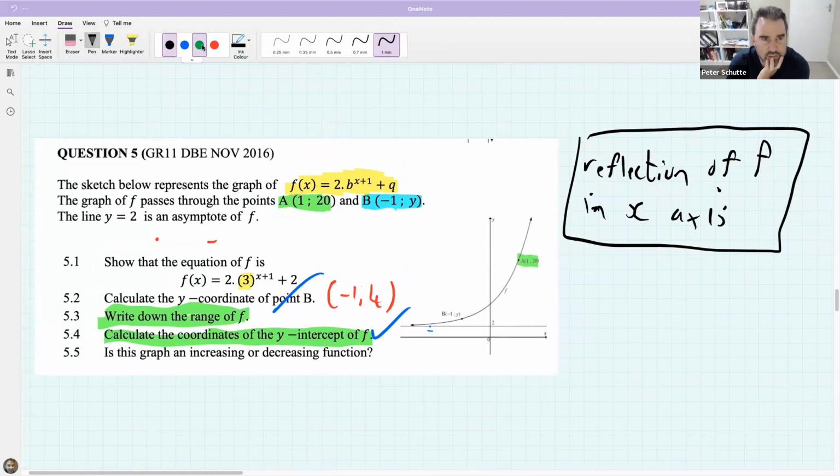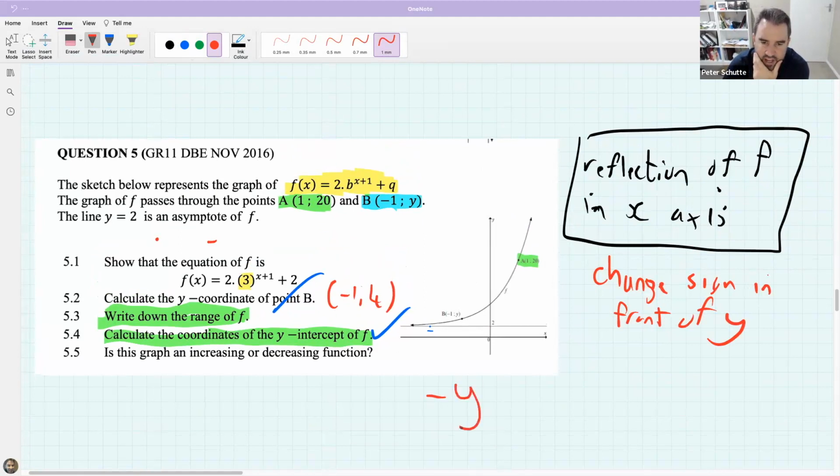When reflecting over the x-axis, you need to change the sign in front of y, the opposite variable. So I go to my formula and I say -y = 2 times 3^(x+1) plus 2.